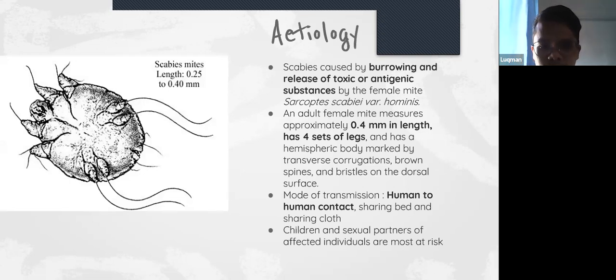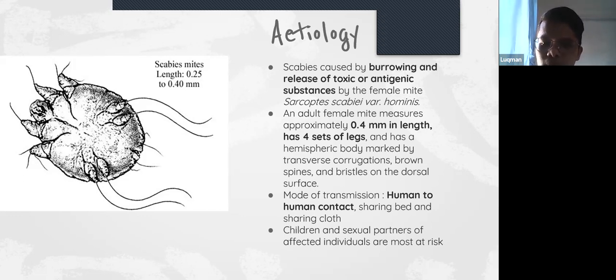For the etiology, scabies is caused by burrowing and release of toxic or antigenic substances by the female mites, Sarcoptes scabiei hominis.